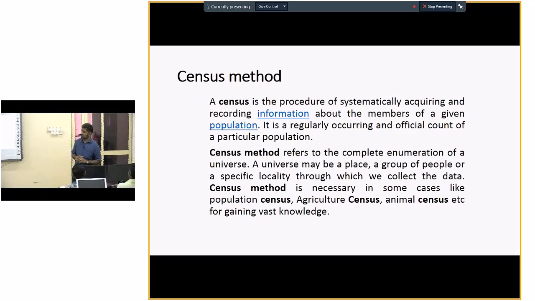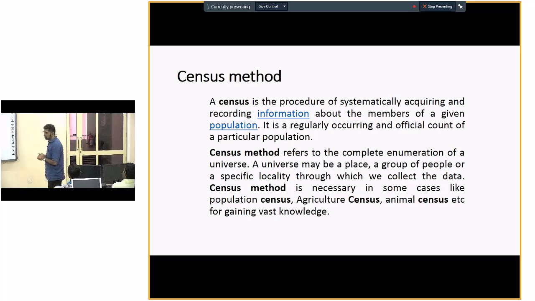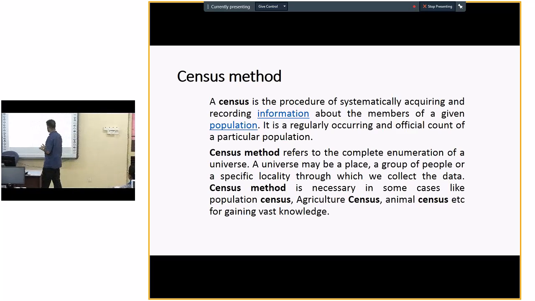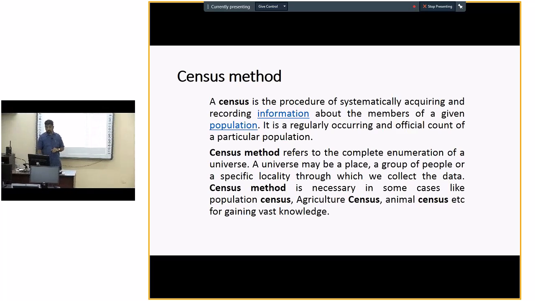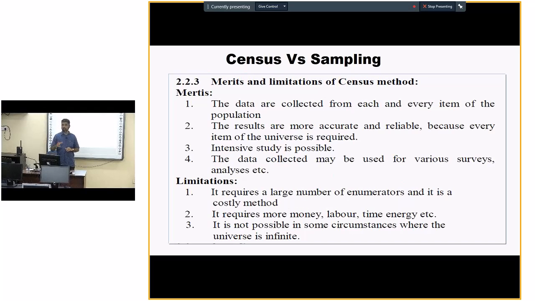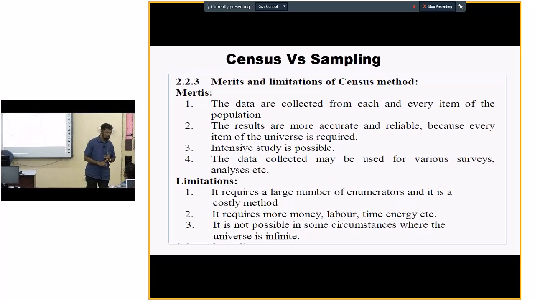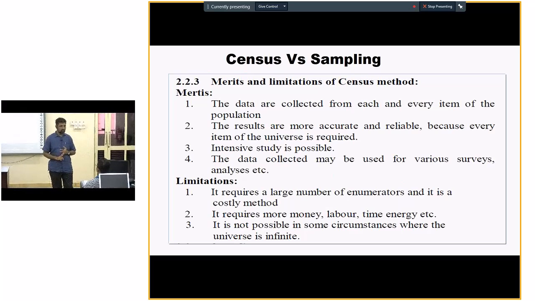Every 10 years in Sri Lanka we do that, conducted by the Census and Statistics Department, right? They are doing that task. But most probably when you are doing research, you cannot do that task, due to various things. One is time, another one is cost, right?